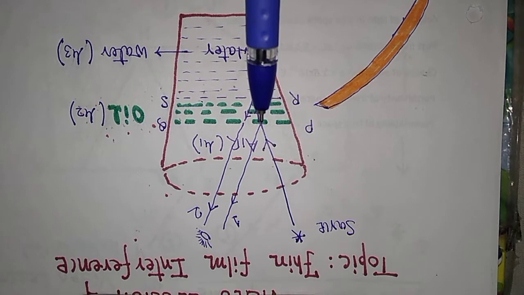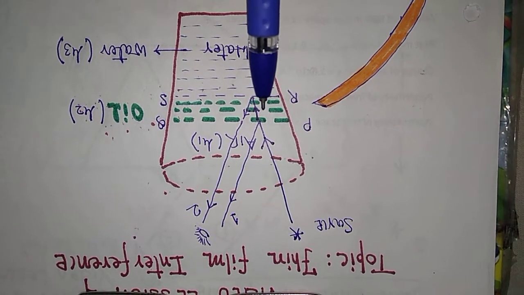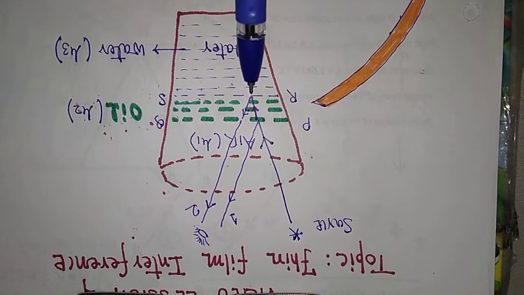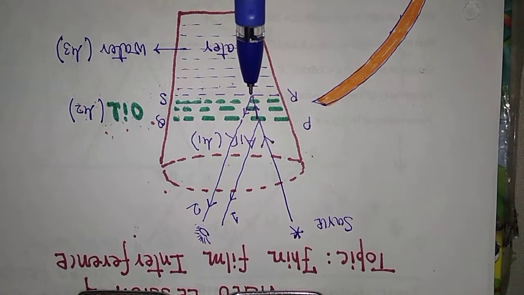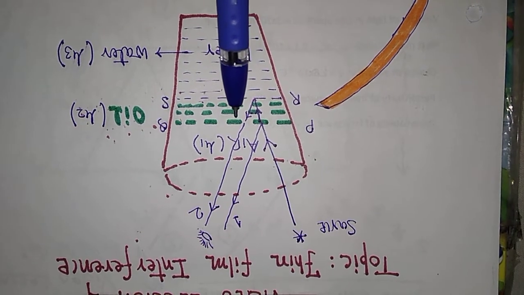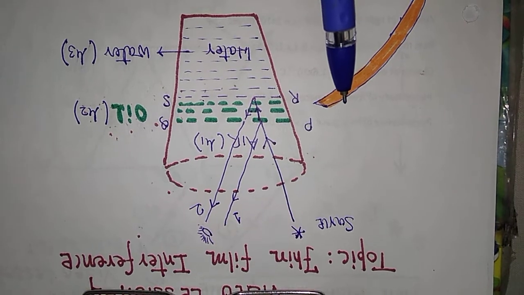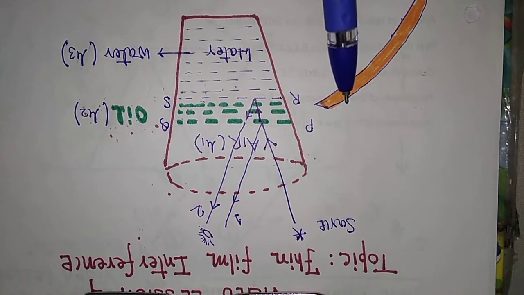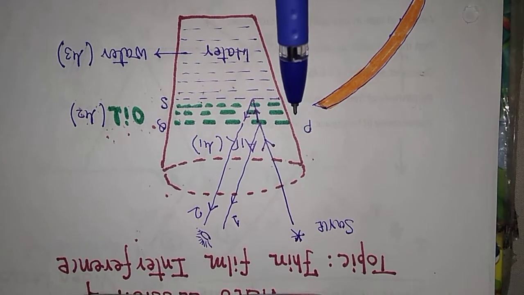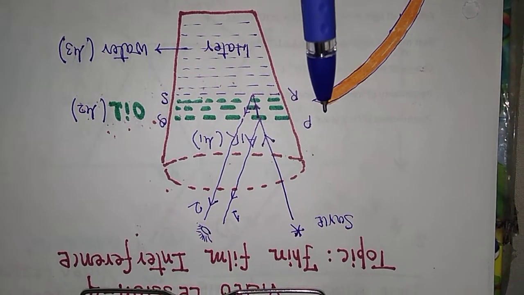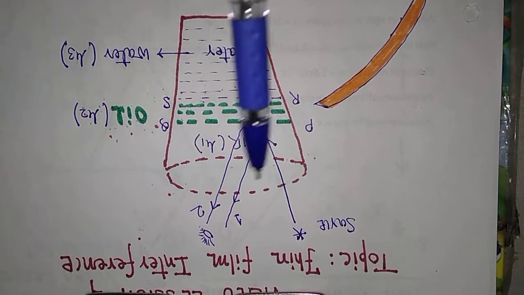So light will be partially reflected back and partially refracted into the medium, and at the bottom surface the light is reflected back and then transmitted into the same medium. After reflection and refraction we will obtain ray 1 and ray 2.